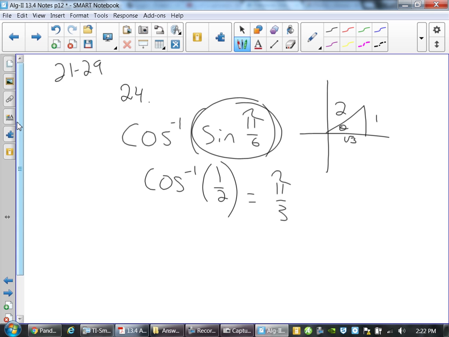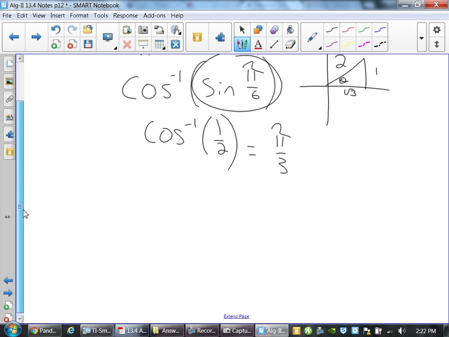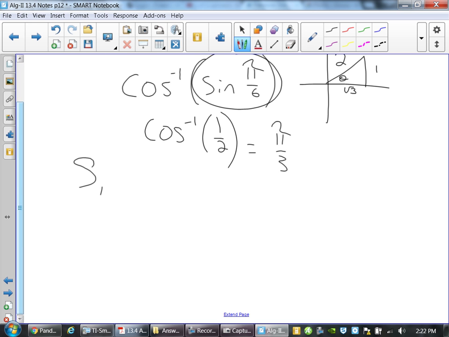If I go back and look again at the inverse sine of the sine of 7 pi/4. It's 7 pi/4.